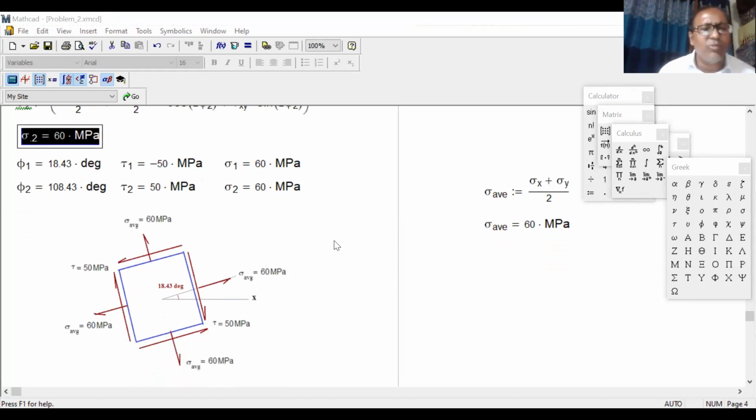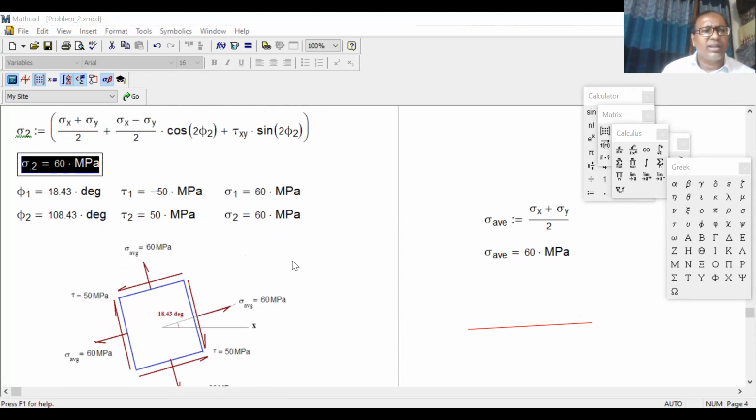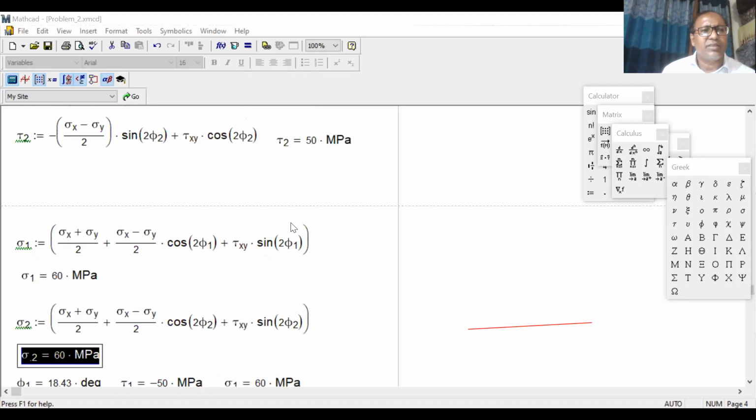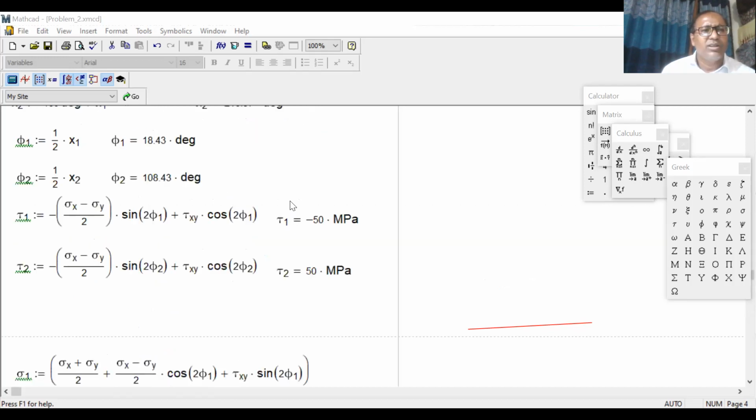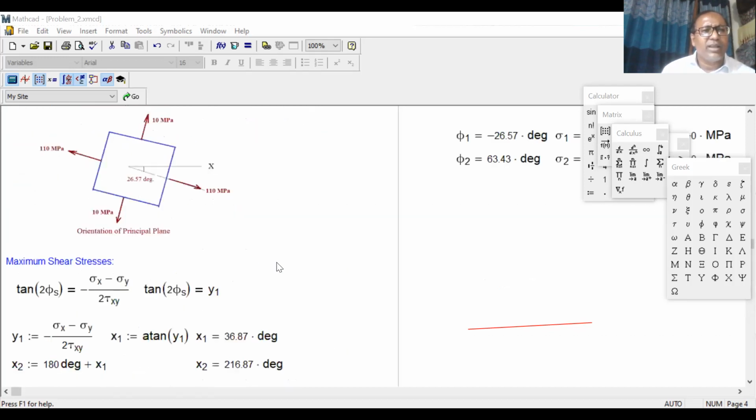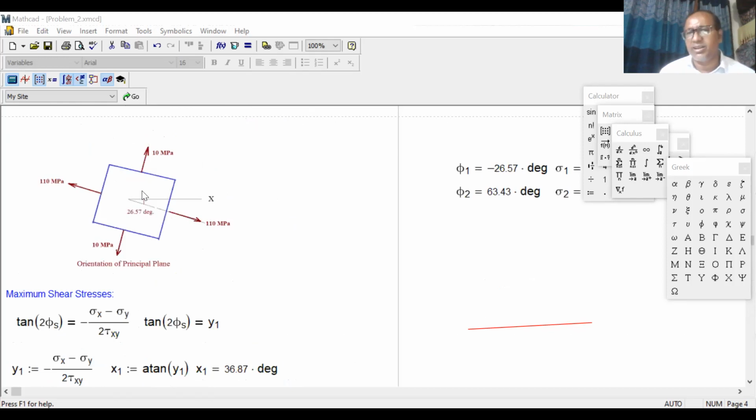Okay, now how can we draw the orientation of the element? I will draw it, but better to draw it over here. So at first you draw the x. Okay, one thing I missed right over here, that better to mention. That shear stress I didn't show over here, right?